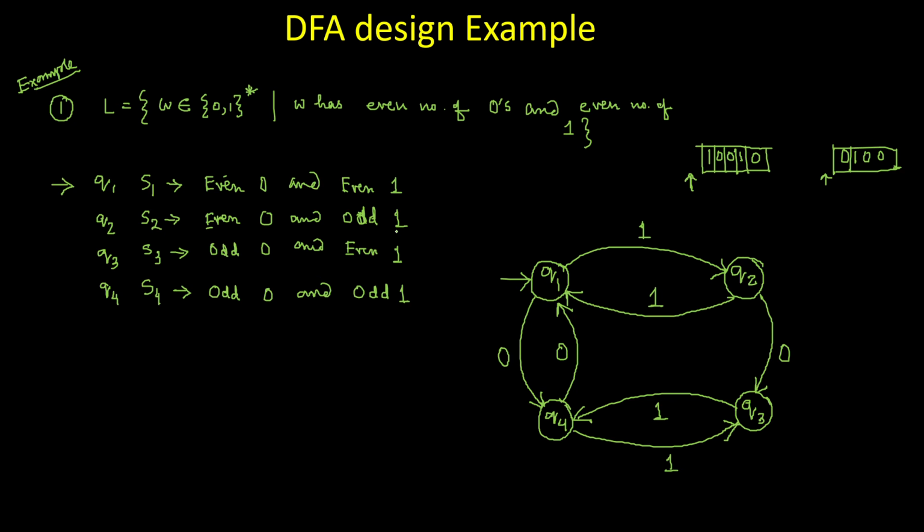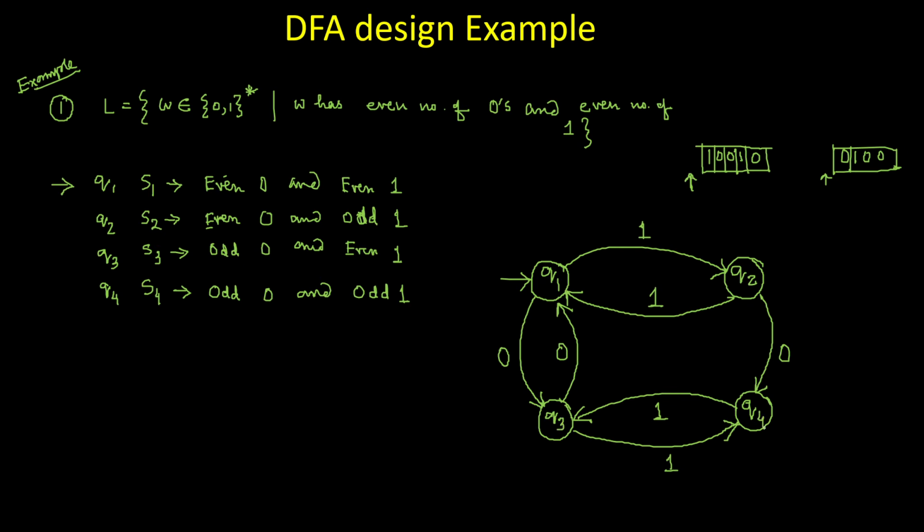Then if you get a 0, this even 0 will change to odd 0. So from Q2 on 0, it will become odd 0 and odd 1, like this one, Q4. So I think I have a mistake about the numbering of states. It should be Q3 and it should be Q4.